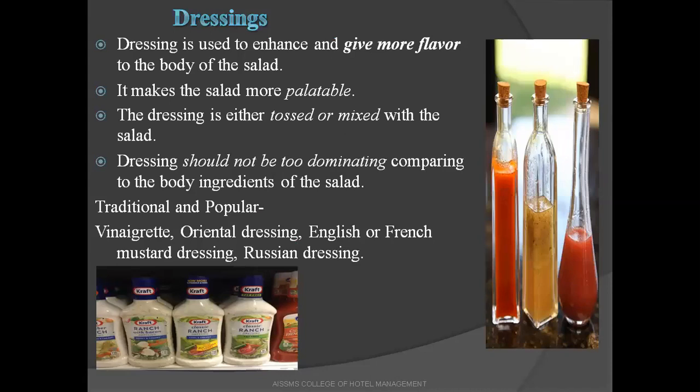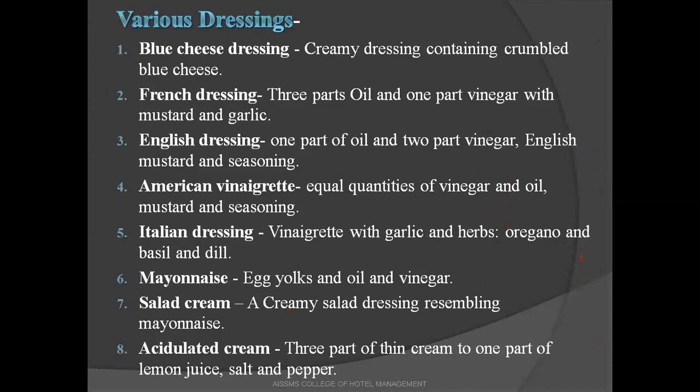Let's see all the internationally popular dressings used all over the world. Starting with the blue cheese dressing, which obviously has blue cheese and some cream in it. Then French dressing will have 3 parts of oil, 1 part of vinegar, the seasoning, and obviously the mustard. English dressing is oil, vinegar, and English mustard.